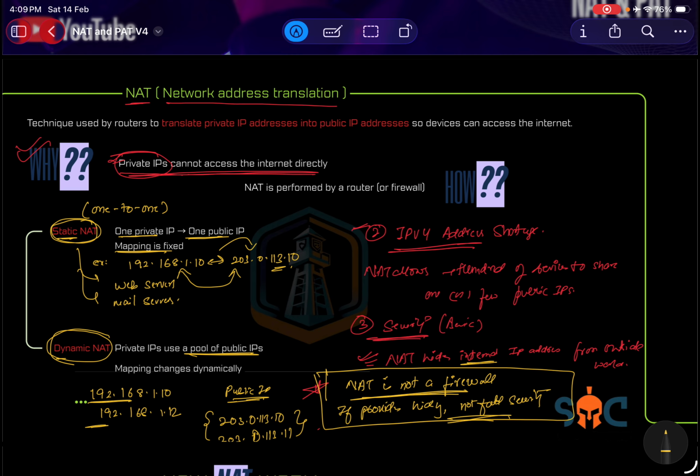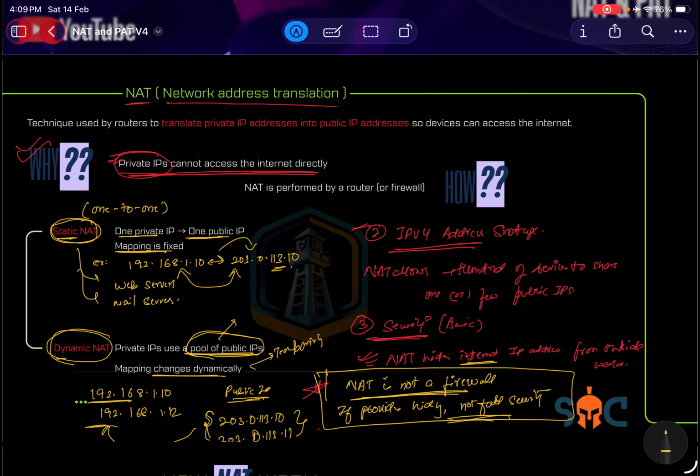Okay, so the mapping changes dynamically, which means it's temporary. It uses, as already discussed, a pool of public IP addresses.